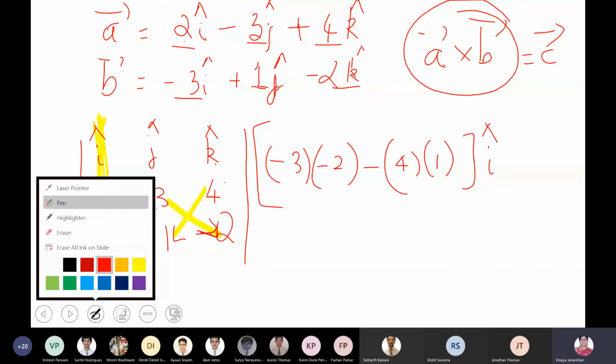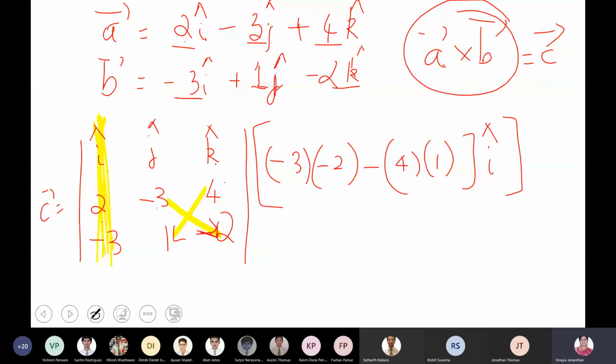If you have a doubt, okay. So I'll close the bracket. Next, I have to go for J cap. This was 2. This was I cap and this was minus 3, correct?